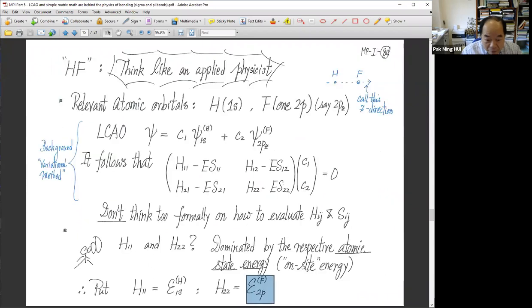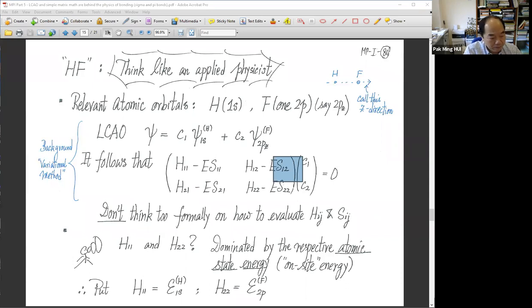Then how about the other things? Now I'm doing some very dirty physics here, but it works. S11 is 1 because atomic hydrogen is normalized. S22 is 1. How about S12? Now, you have an atomic hydrogen, you have a fluorine p. Formally, S12 is a function of the separation between the two atoms.